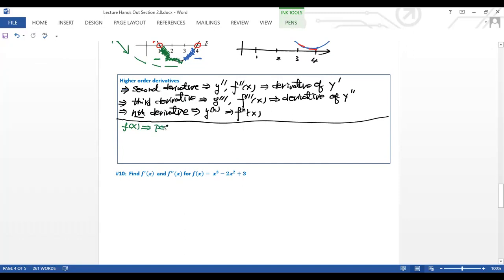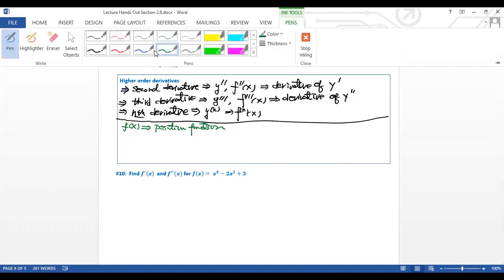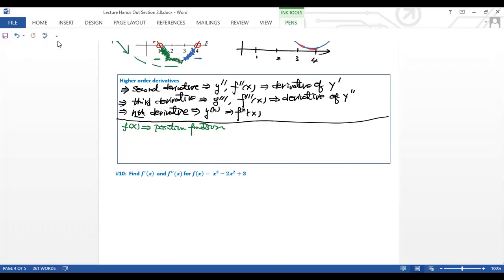If this is your position function, that means you are moving along a curve or line. The position function gives your position after t seconds, t minutes, or whatever. So instead of x, we typically use t, which is the time.